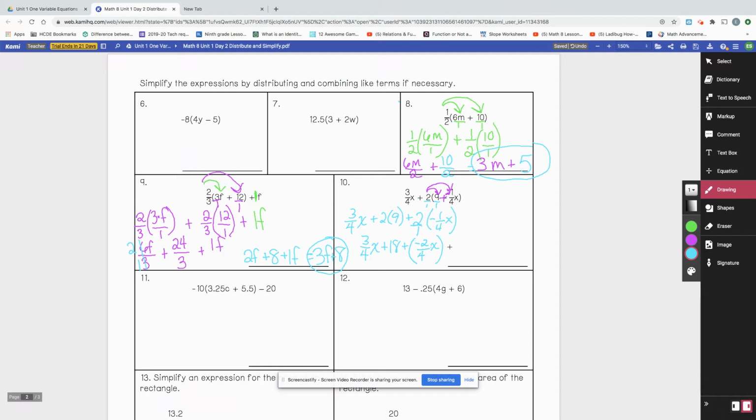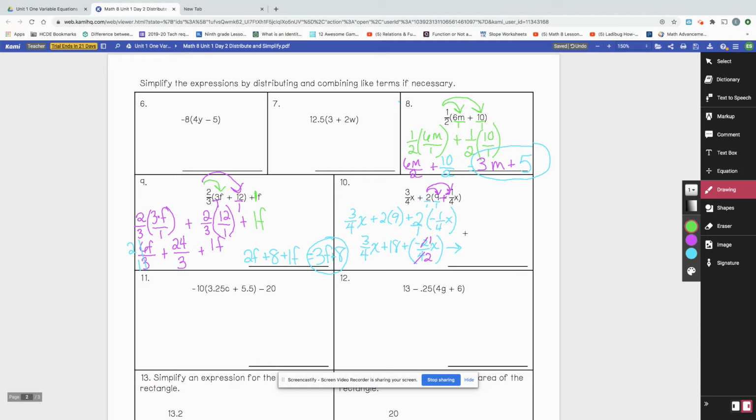Okay, moving along, I can simplify this a little bit more. I notice that I have negative 2/4. Well, the numerator and the denominator are both divisible by 2. So 2 divided by 2 is 1. 4 divided by 2 is 2.